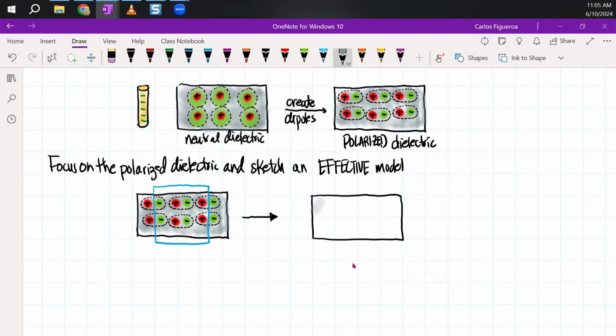So if I'm looking at this dielectric, if I look at the surface on the left side, what I find here is that I have surface charges. And this is what we call positive. So this guy right here, we say has been polarized positive.